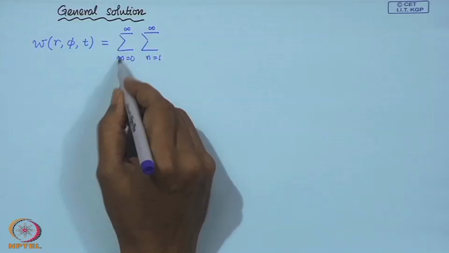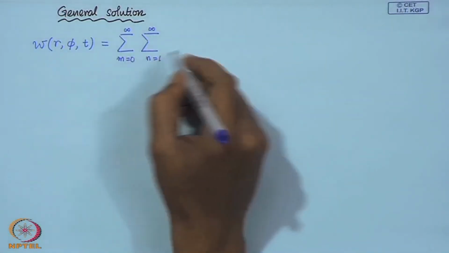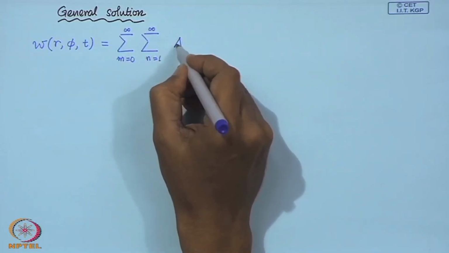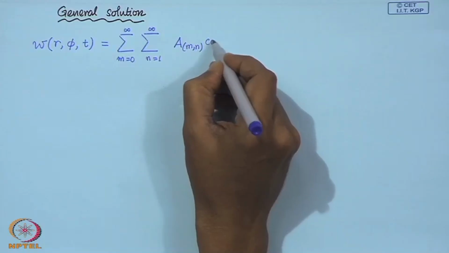Here we note that m starts from 0, which indicates the axisymmetric modes, and there are these constants.